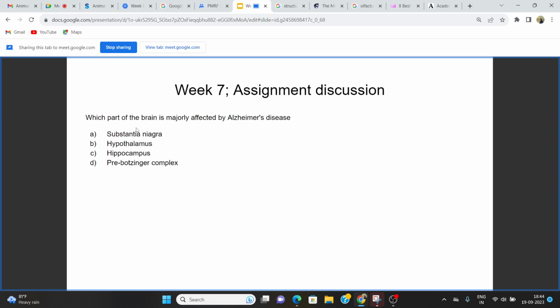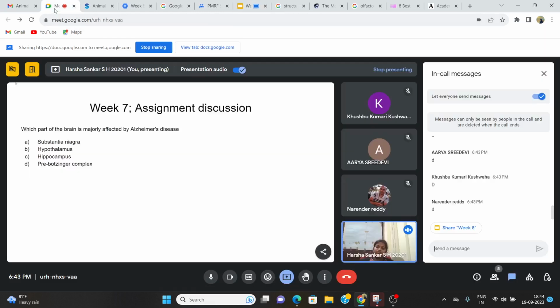So again the first question is, which part of the brain is majorly affected by Alzheimer's disease? Substantia nigra, hypothalamus, hippocampus, Pre-Bötzinger complex. Arya replied. Kushbu replied. Okay.